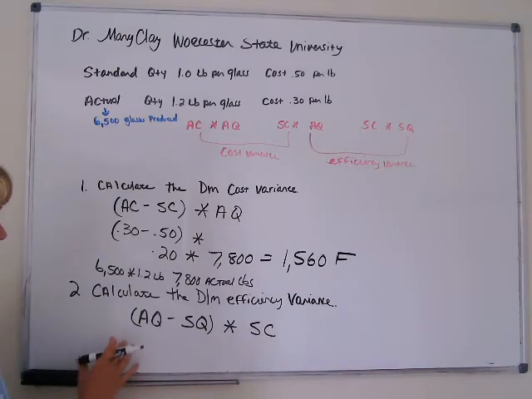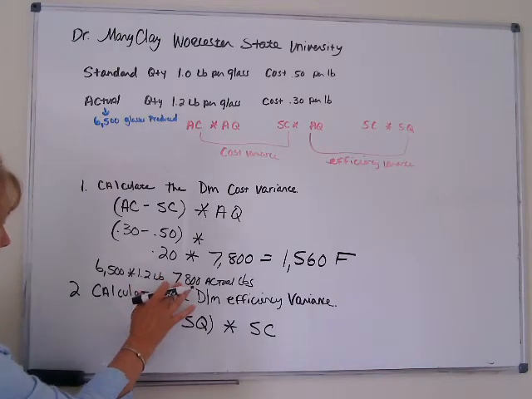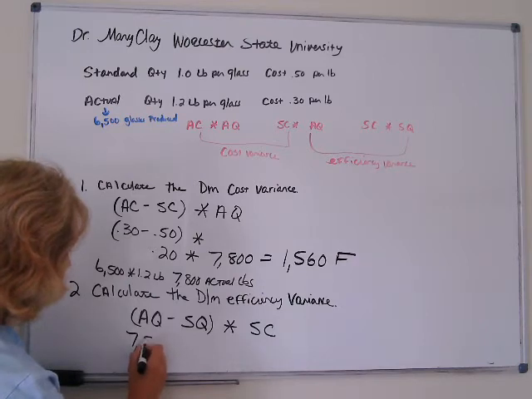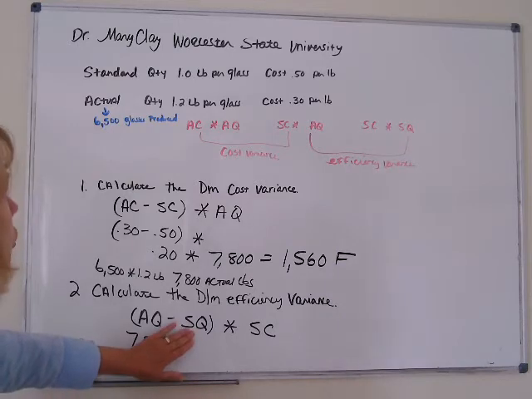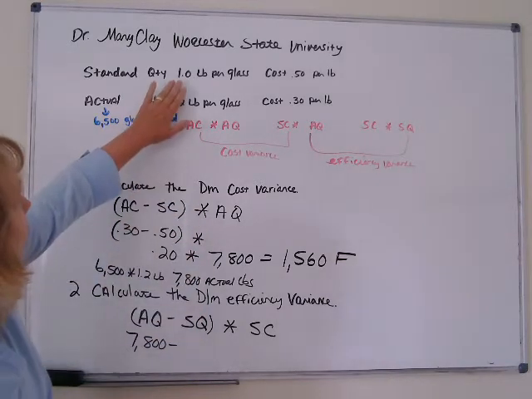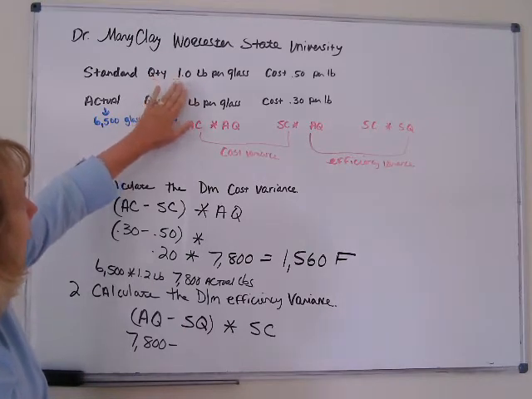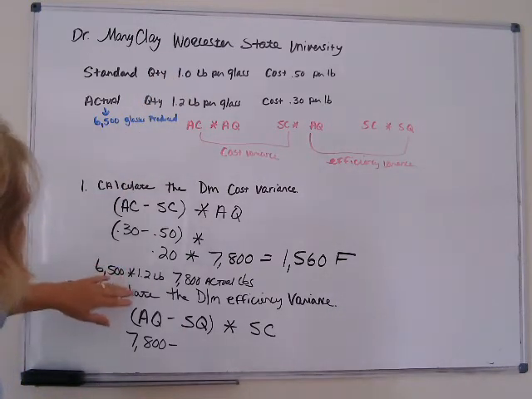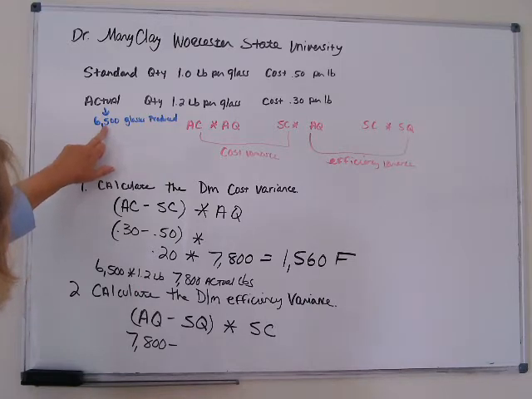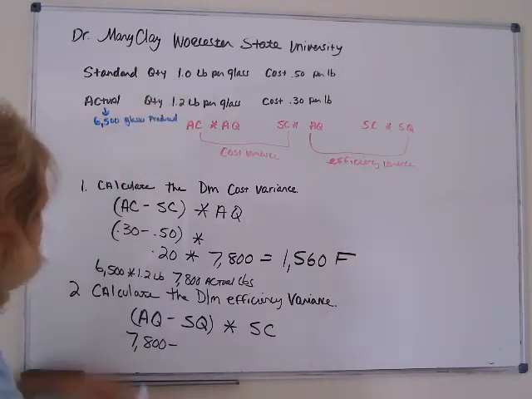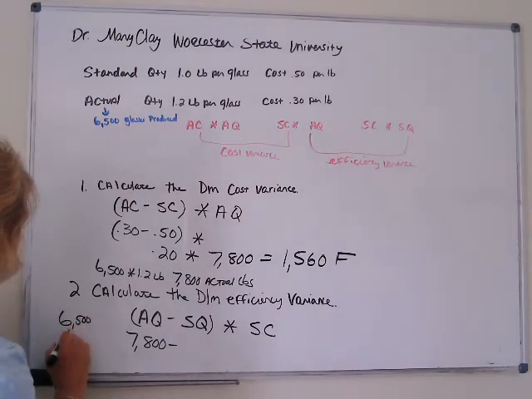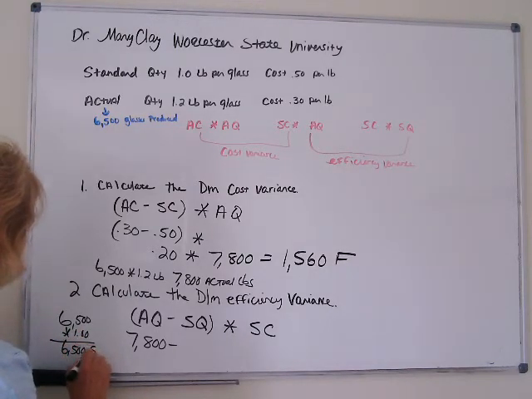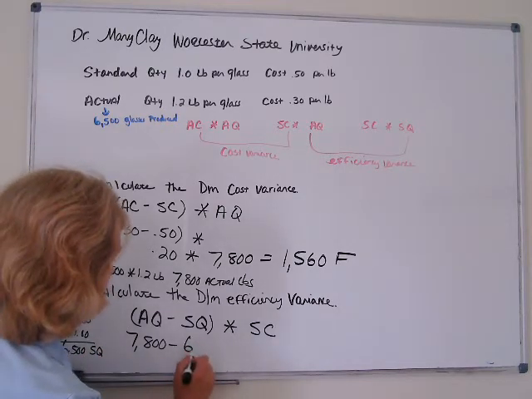The actual quantity was 7,800. I subtract out my standard quantity. Let me show you how to get the standard quantity. It's 1.0 pounds per glass, and how much did they produce? They produced 6,500. So 6,500 times 1.0 gives me 6,500. That's my standard quantity.